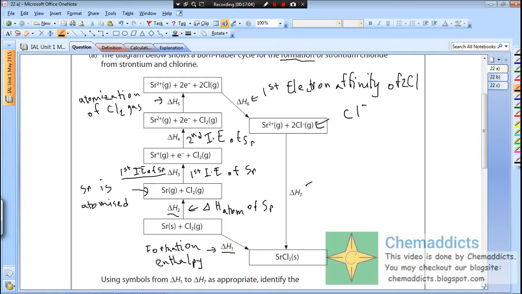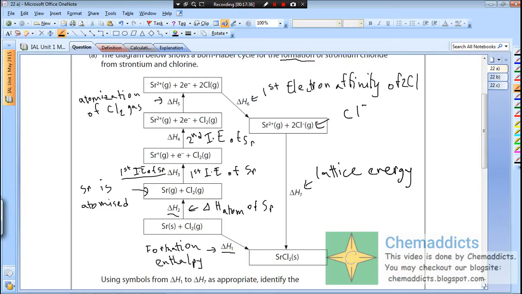Okay, and finally this should be the lattice energy. So according to the definition, let us review it.